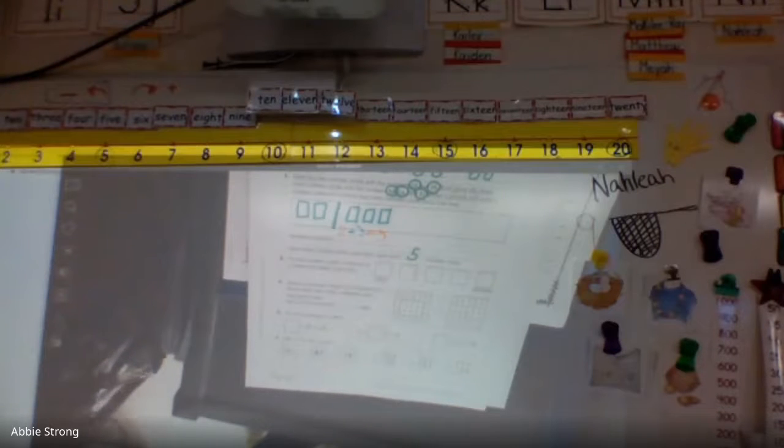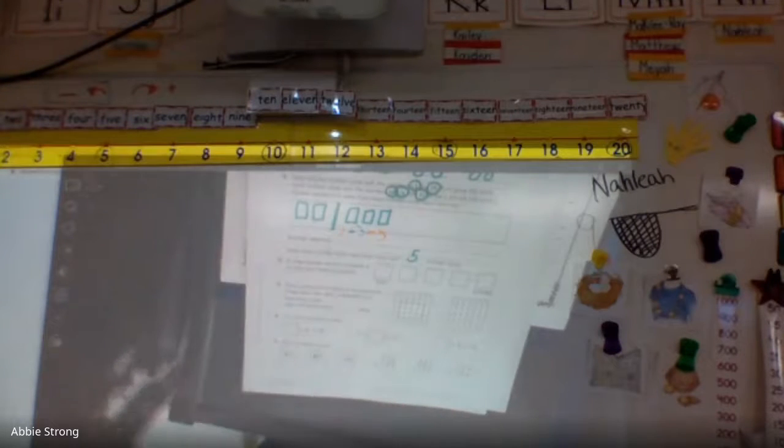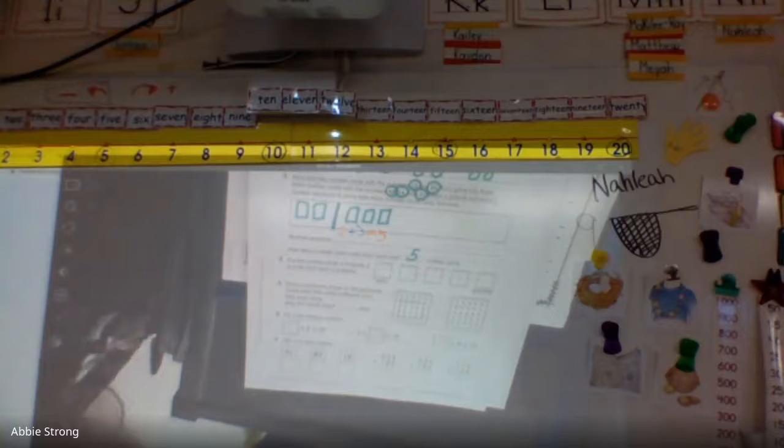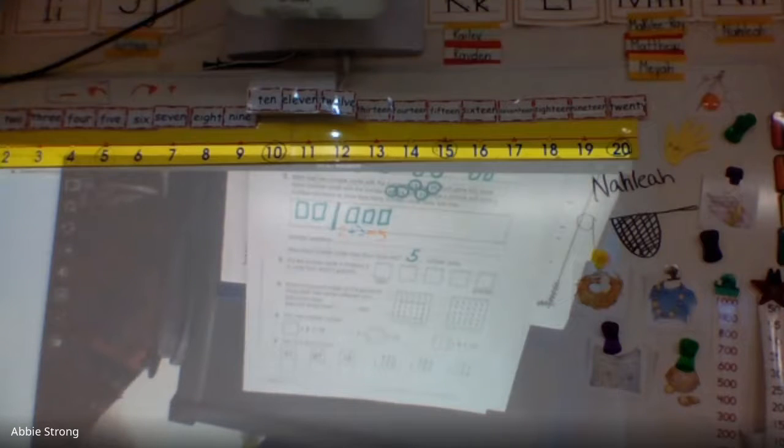Which number is the smallest? 13, 25, 42, 16, or 21? You can look at the number that's in the tens place first, and then look at the number that's in the one spot. Josh, what's our smallest number? 21.